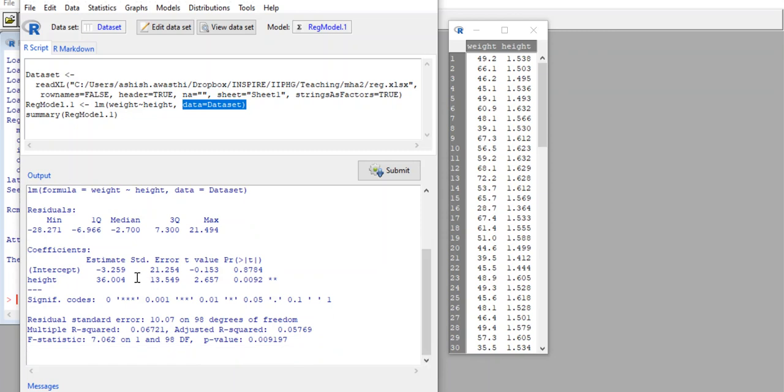So what you got here in results. First thing, your intercept is minus 3.259. It is the a of your equation. You have y is equal to a plus bx. So this 3.259 is your a. Your estimate for height is 36.004. So it is your b. So you have a and b, both the things now you have.